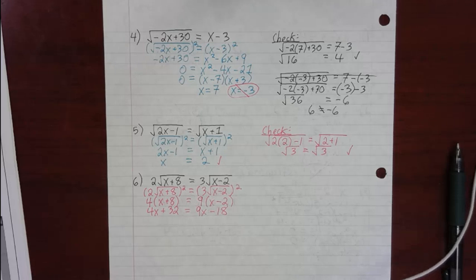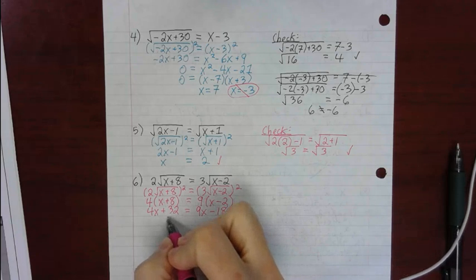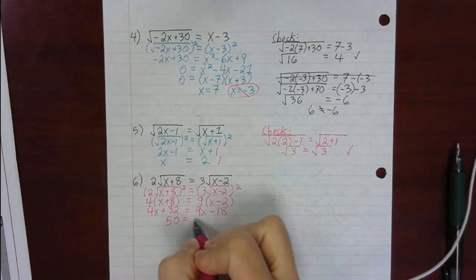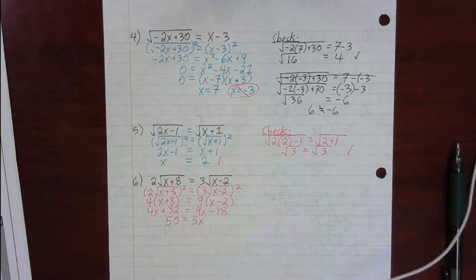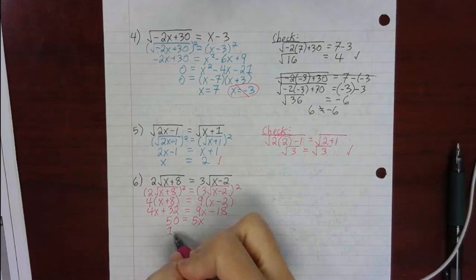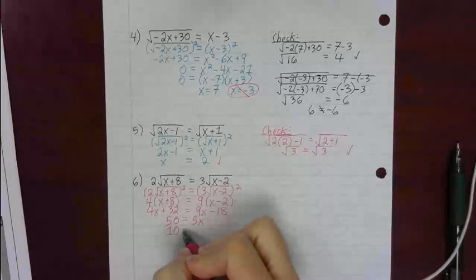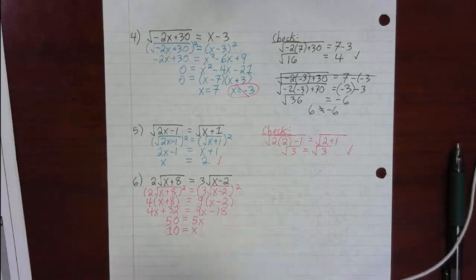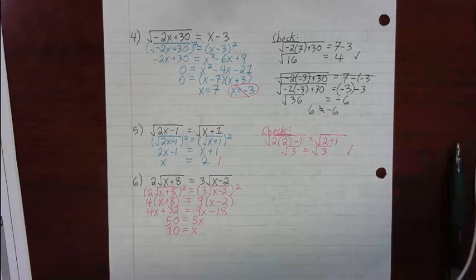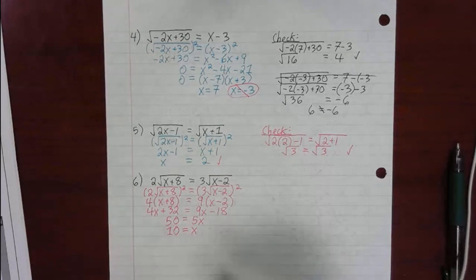So the first thing I would do is subtract 4x from both sides and then add 18 to both sides. That means I have 50 is equal to 5x. From there, I'm just going to divide by 5 so that I have 10 is equal to x. So let's see if our x equals 10 answer is going to work out in this problem by checking our work.